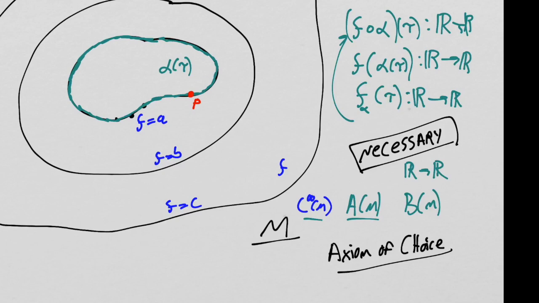Well, I guess that's a little unfair. What I mean is, if I had, say, C infinity on the manifold M, and then C infinity on the manifold N, and then C infinity on the manifold Q, and I had an infinite number of these, there's really no way to prescribe a rule that picks one function from each of these sets, right? Which is kind of what we're talking about.